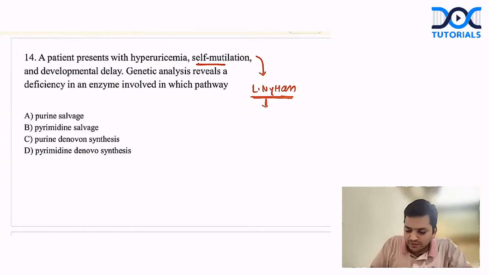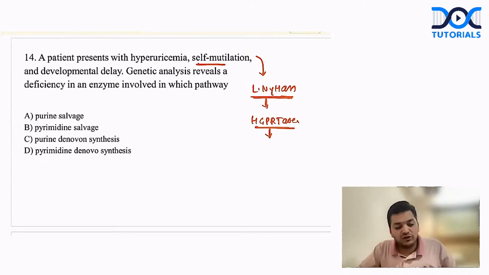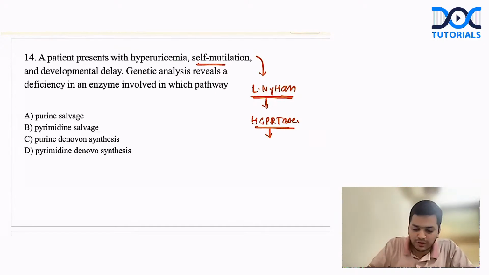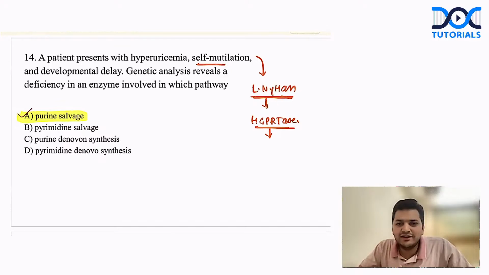Lesch-Nyhan is related to HGPRT deficiency. And HGPRT is an enzyme which is related to the recycling of the purines. Recycling of the purines means it is related to the purine salvage pathway. So when I was reading the question, it was looking very easy, right? The self-mutilation word was there. This happens many times in the exam.